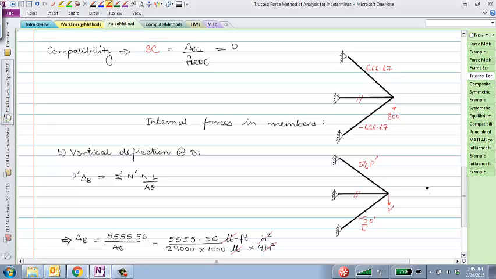So if I have P prime this way, and I have an unknown BD and AB here, in general, I would also have this BC, but I already know that this would be 0, so I'm not drawing that, which makes it a determinate problem now.